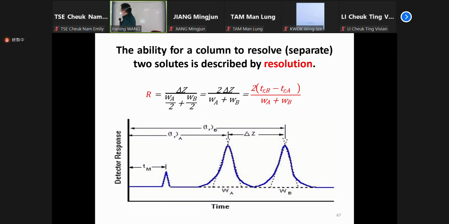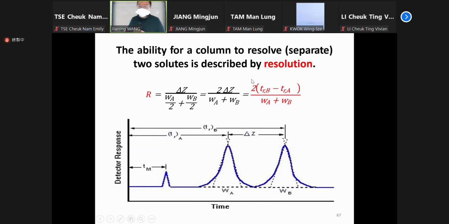When we consider two peaks, we still need to measure how well the separation is. So we use another concept, the resolution of two peaks. This is the definition. You just need to remember the formula here in red color.